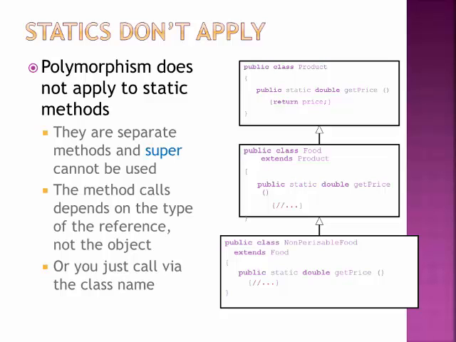If you've heard of statics out there, I just want to point out that statics do not have inheritance. It does not have polymorphism involved. So static is a class level item. So if I have a method out there, getPrice, which is static in each of these classes, it would not show up on any of those. The super doesn't mean anything here. The static invalidates that structure.